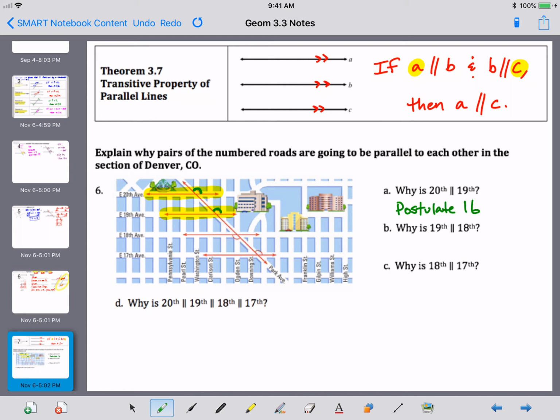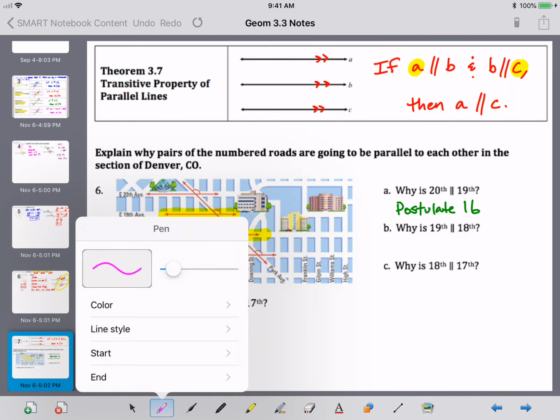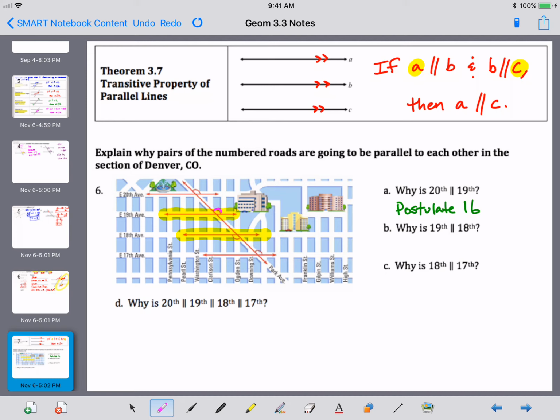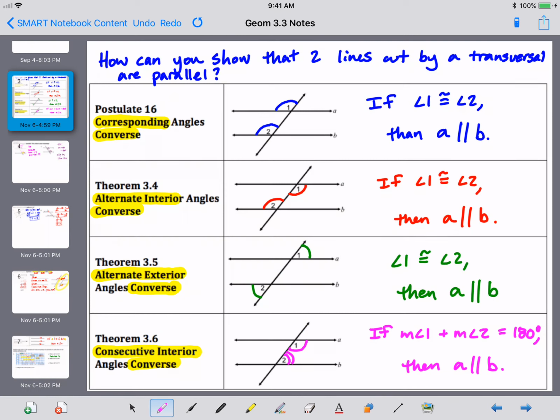All right, next we have, why is 19th Street parallel to 18th Street? So here's 19th Street. Here is 18th Street. And for that one, it looks like we have alternate exterior angles that are congruent. So if the alternate exterior angles are congruent, then the lines are parallel. That's theorem 3.5.